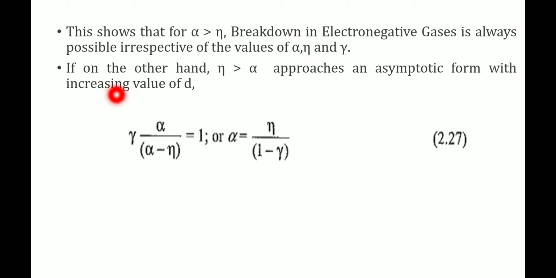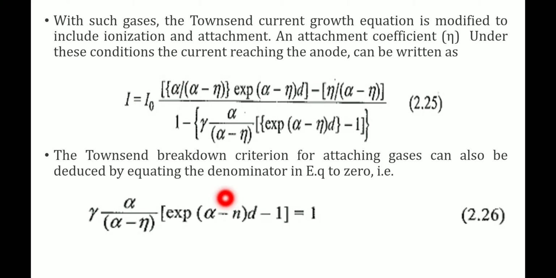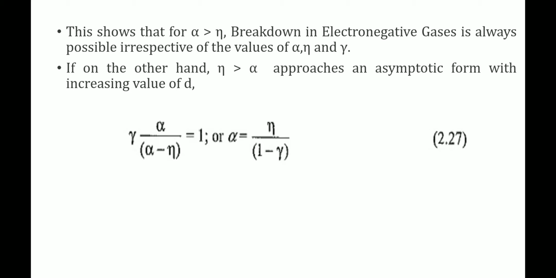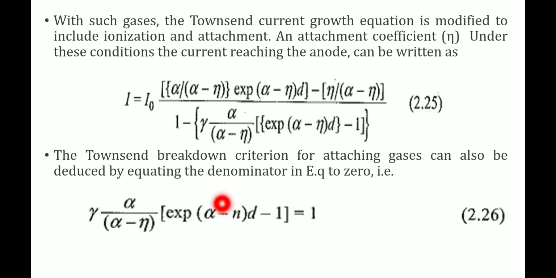Next, on the other hand, suppose eta, the attachment coefficient, is greater than Townsend's primary ionization coefficient. Then this is done by increasing the distance between the electrodes, and by considering the gas pressure and the ratio of electric field to gas pressure. In that case, when eta is greater than alpha, this term becomes negligible.